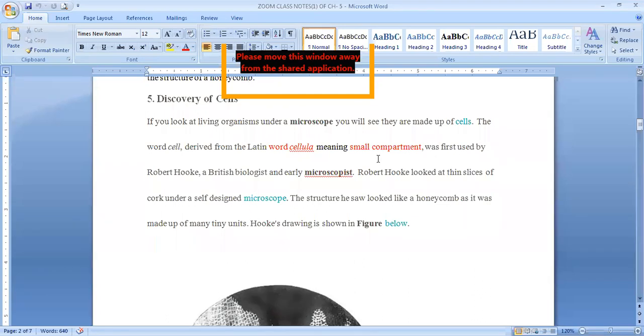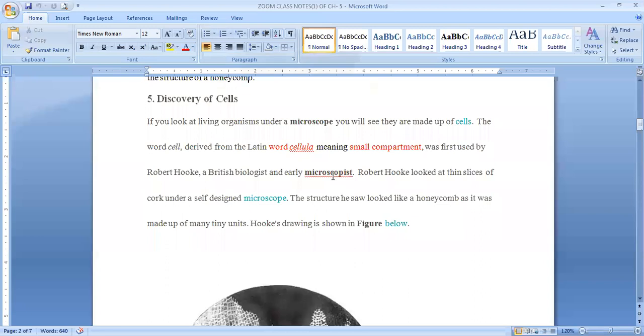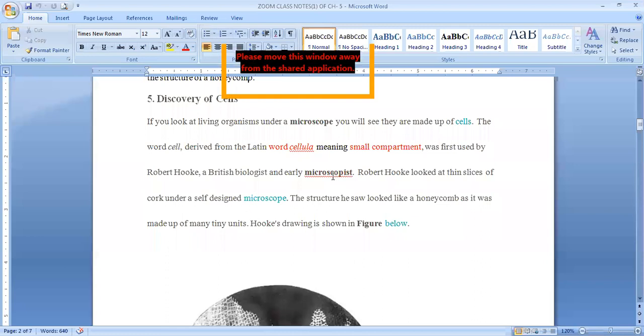It was first used by the scientist Robert Hooke, who was a British biologist and microscopist. Microscopist means he made a microscope for the first time by joining lenses. It was a self-made microscope by Robert Hooke.